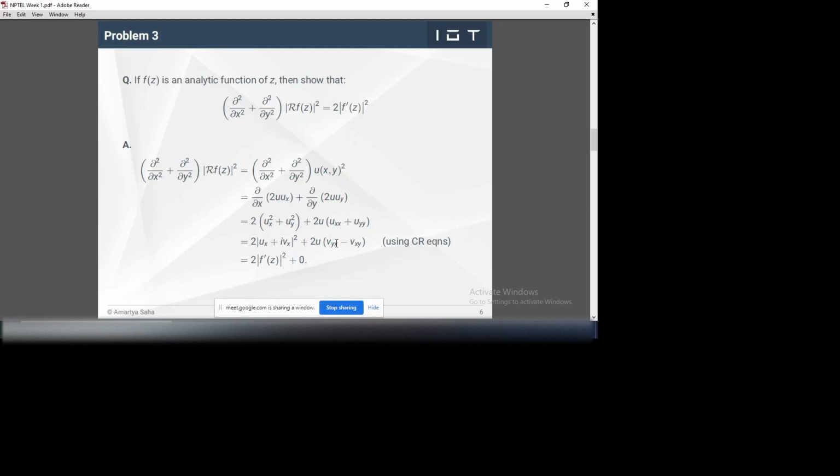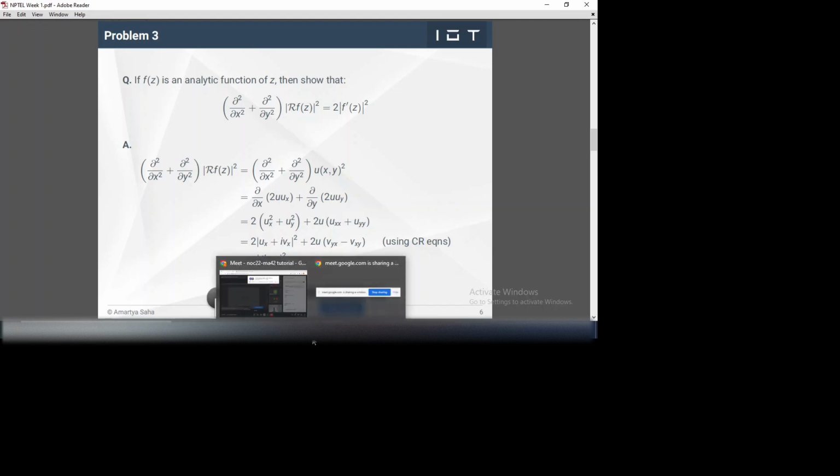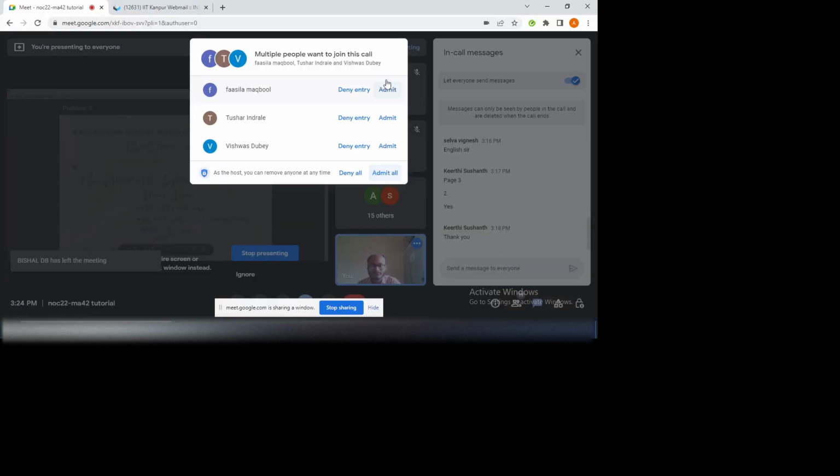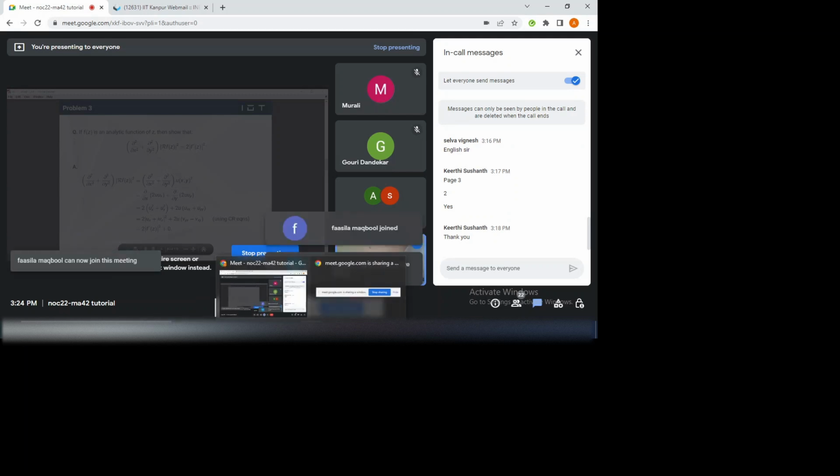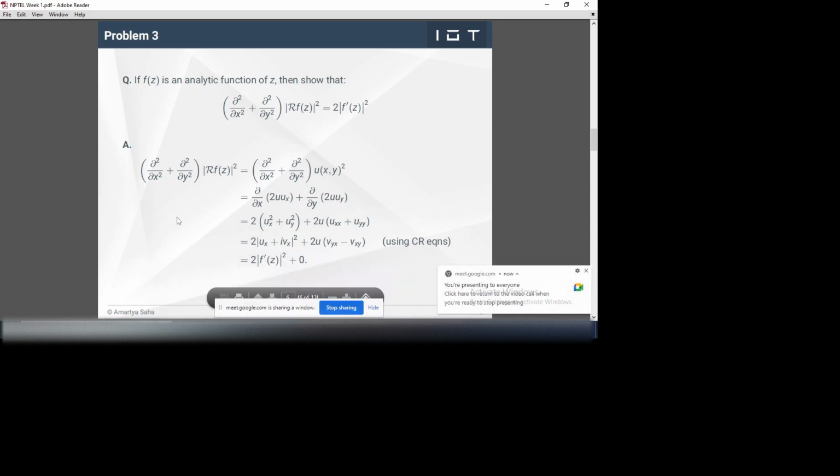So u_xx is v_yx because u_x equals v_y, and here u_yy equals minus v_xy because u_y equals minus v_x. So from the Cauchy-Riemann equations we are led to this: v_yx minus v_xy.